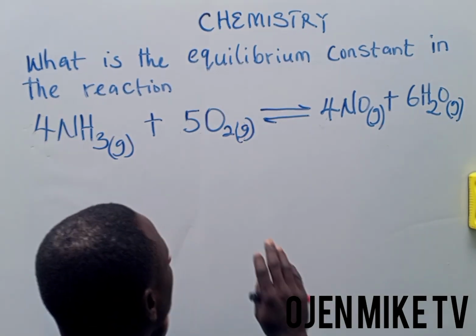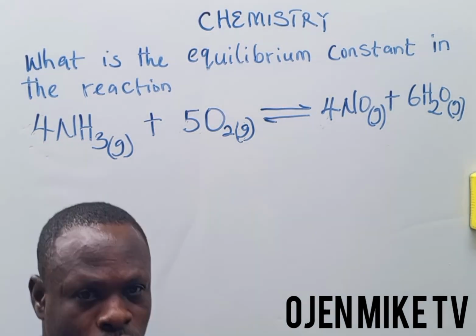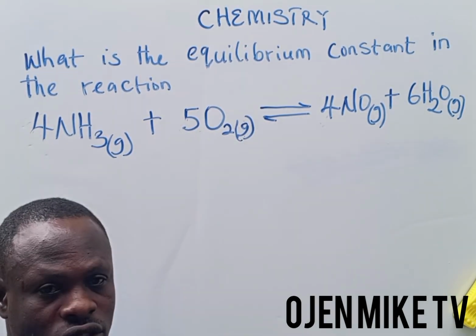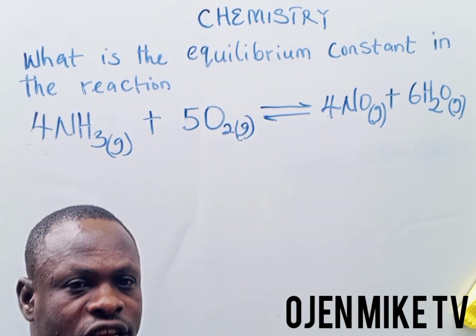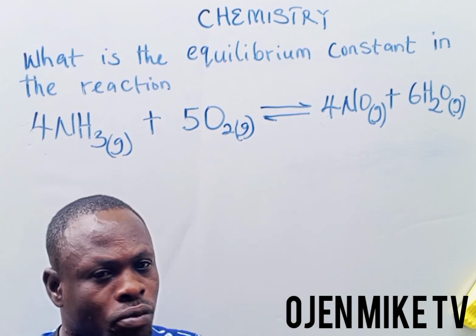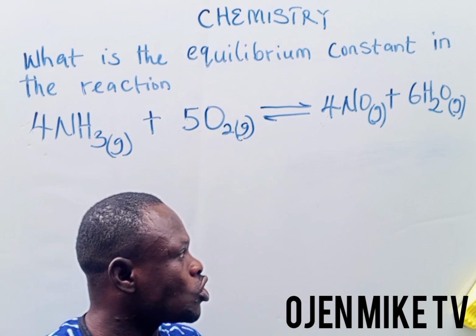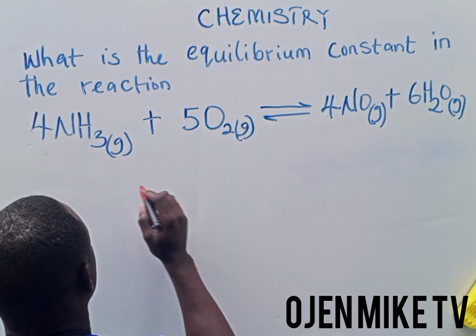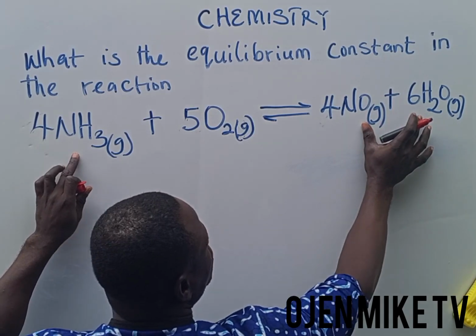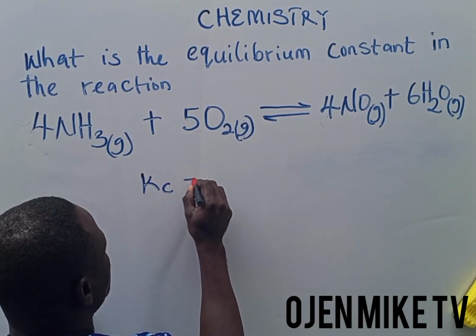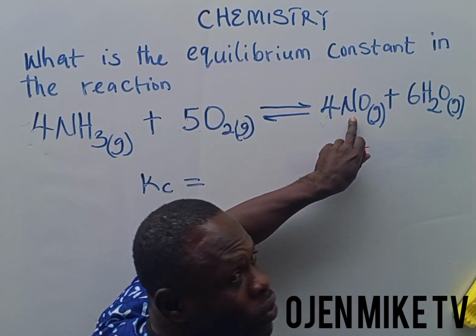So now let's write the equilibrium. We are asked to write the equilibrium constant of this equation. Now, equilibrium constant is product divided by reactant, and what you are going to consider is that the substance must be in a gaseous form. All right, so now let's work it out. This is a gaseous form. Kc is equal to, what are you seeing here?